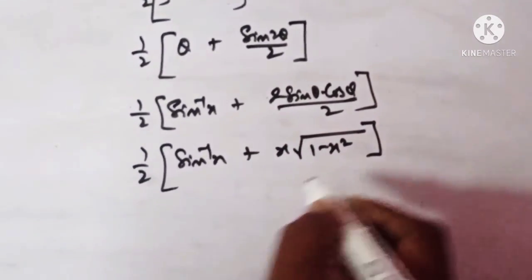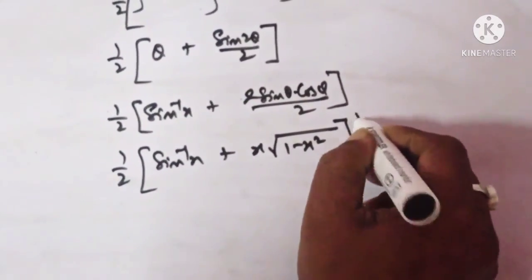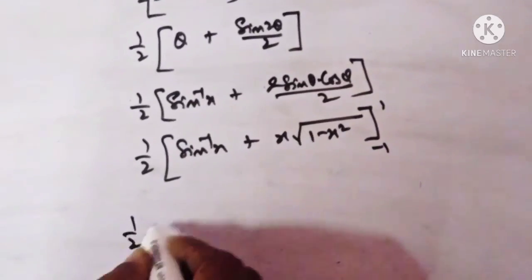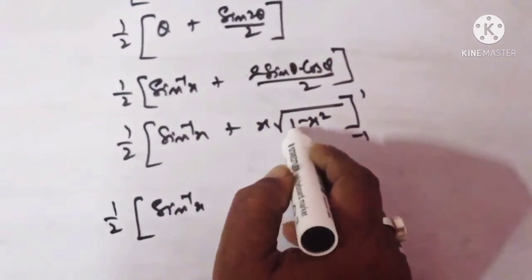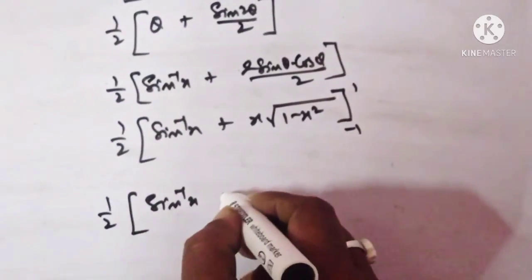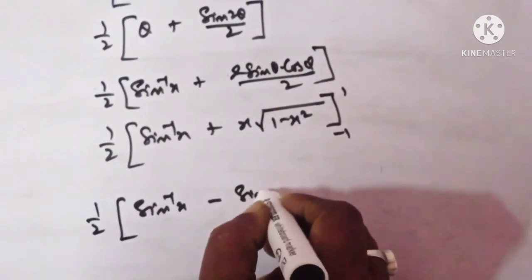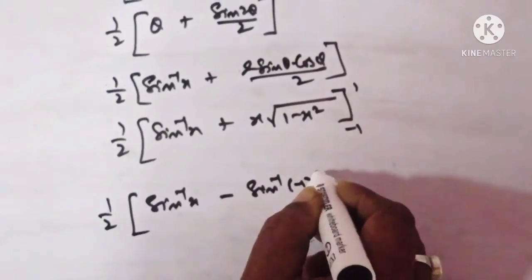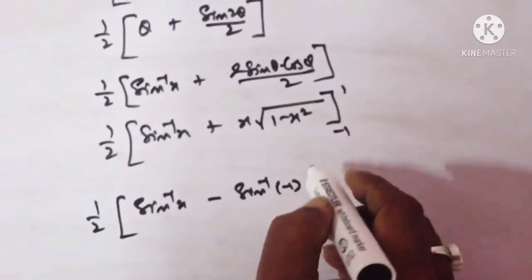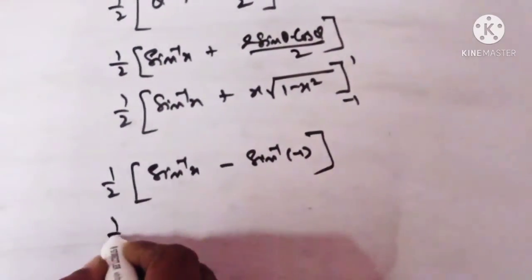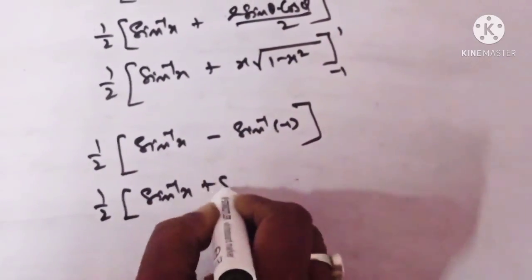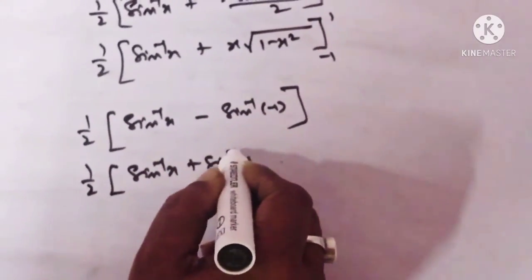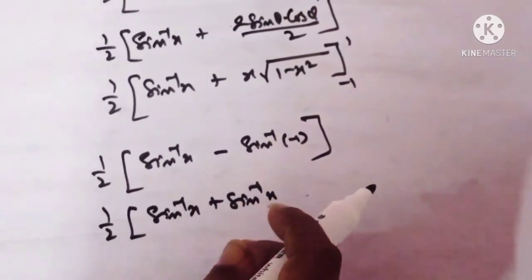So this is the result. Now upper limit minus lower limit. Now here I am going to place 1 by 2 sine inverse x, here upper limit 1, this will be 0, again lower limit, this is minus sine inverse minus 1, again here I place 1, it becomes 0.